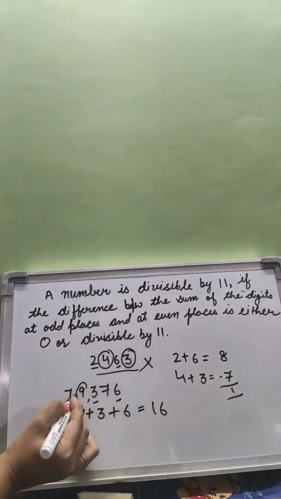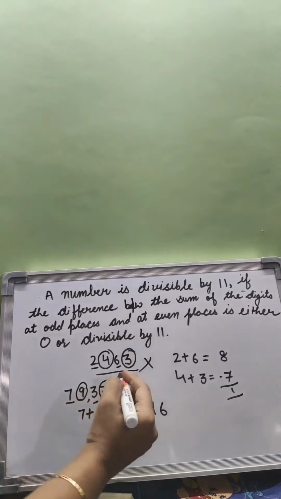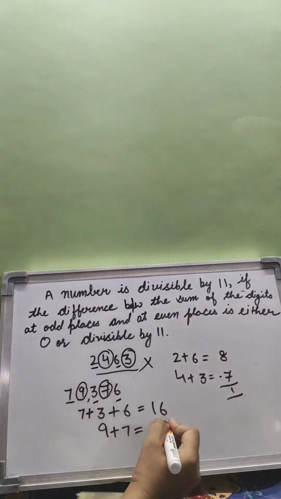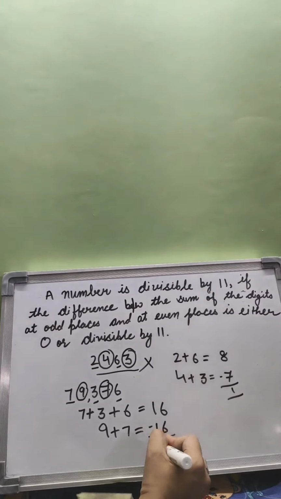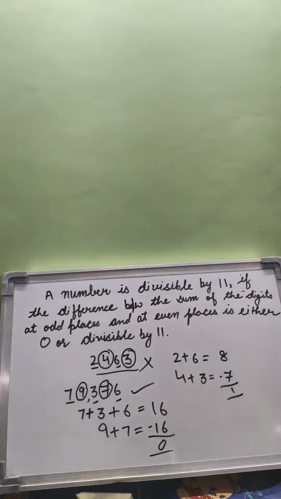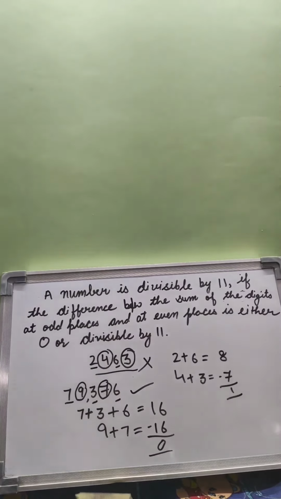Even places, 9 and 7. 9 plus 7 is 16. And 16 minus 16 is 0. That means this number, 79,376, is divisible by 11.